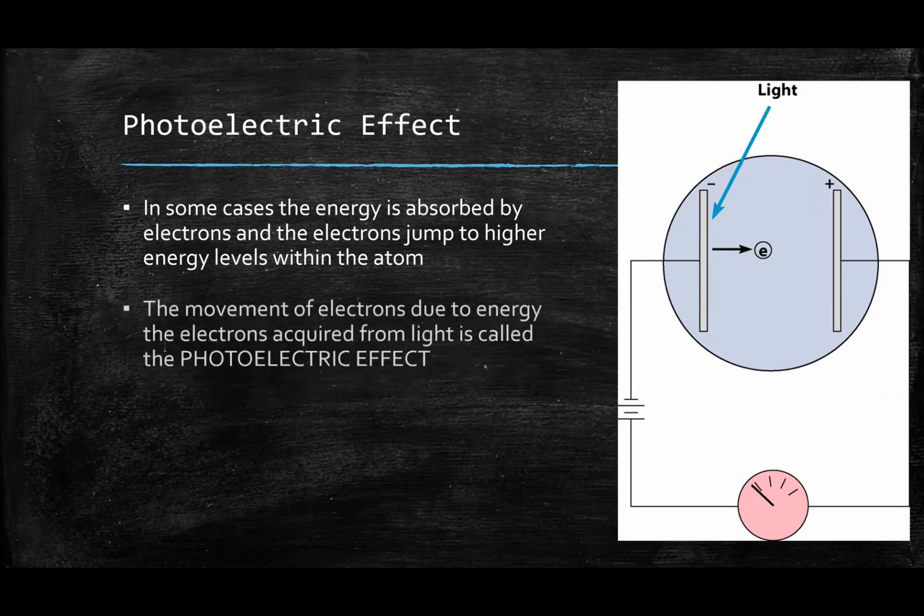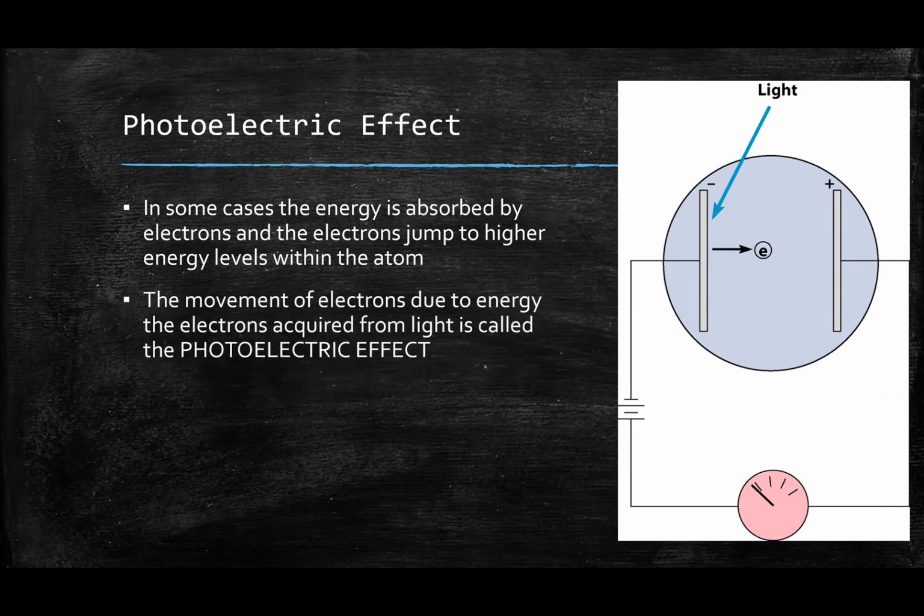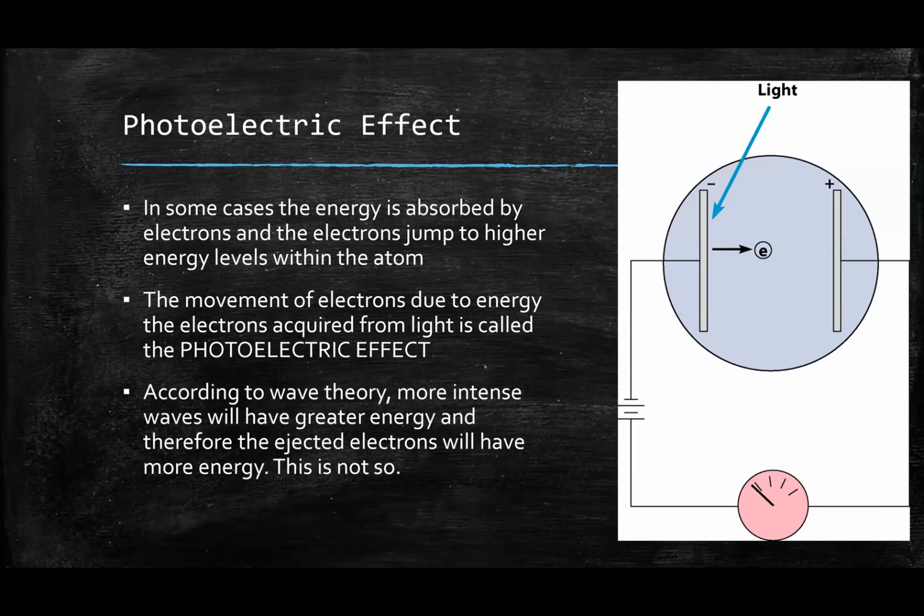And in some of those cases, the movement of the electron due to energy that the electron has acquired from the light is called the photoelectric effect. And so we have light coming in, like in this image, hitting a surface and actually giving the electrons enough energy to be ejected from that surface. And that's the photoelectric effect.